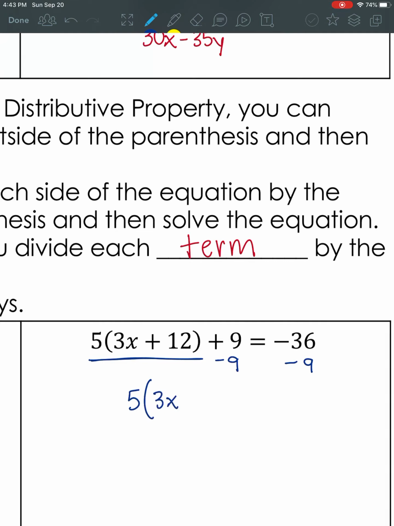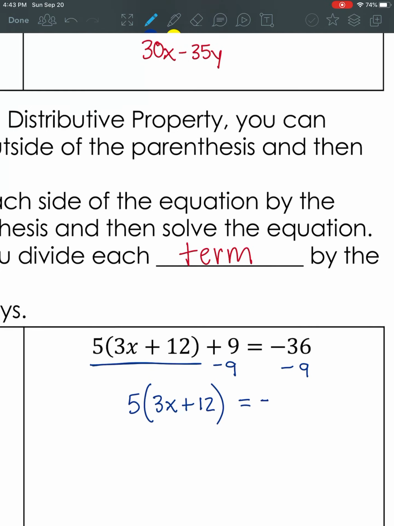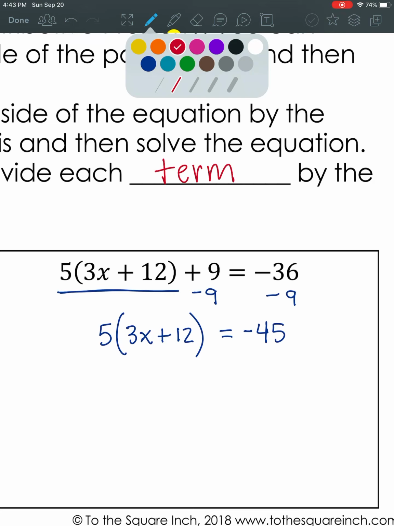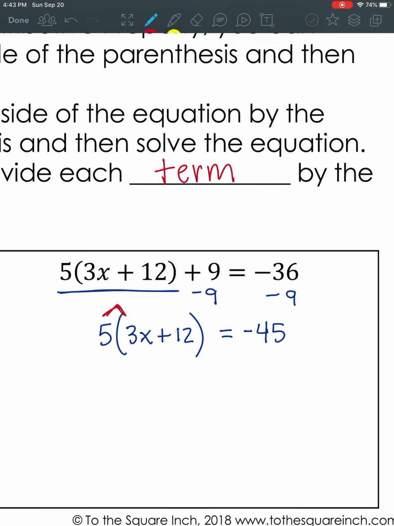So we do need to get rid of this plus 9 and move it to the other side first. So we want to have the number that is right next to the parentheses, and then that set of parentheses all by itself on one side of the equal sign. So negative 36 minus 9 on the right side would be negative 45, okay?